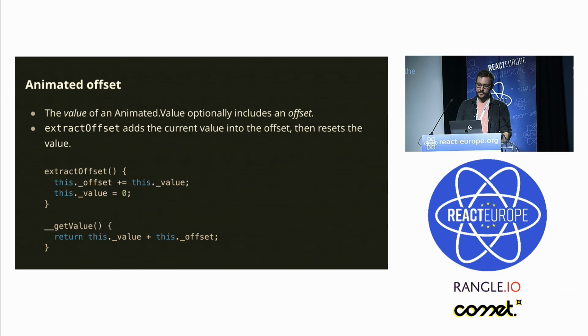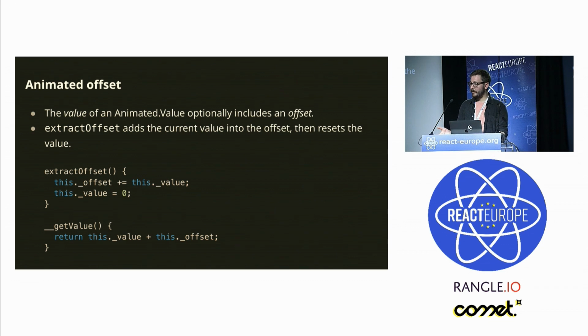And then there's something called extract offset, which adds the current value to the offset and resets the value to 0. So it doesn't actually change what the result of like getting the value is, because that's the sum of the value and the offset, but it just shuffles around where the components of the value are stored, right? It takes the internal representation of the value and moves it into the offset, and then the value is still ultimately the same.